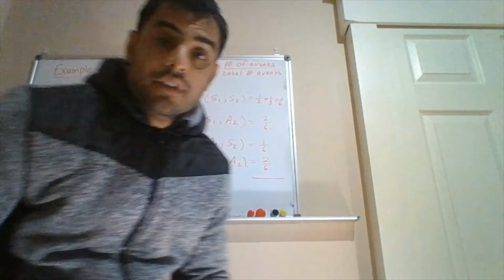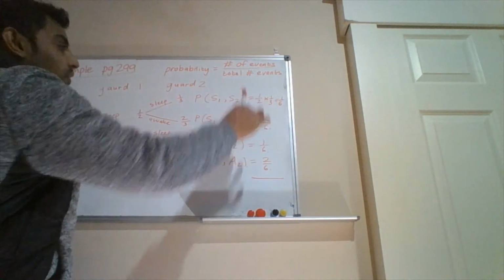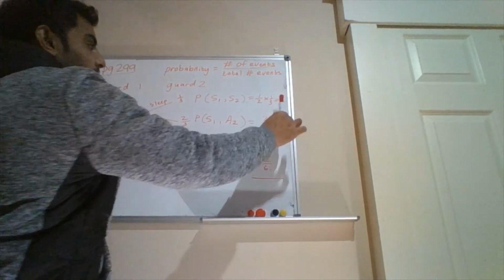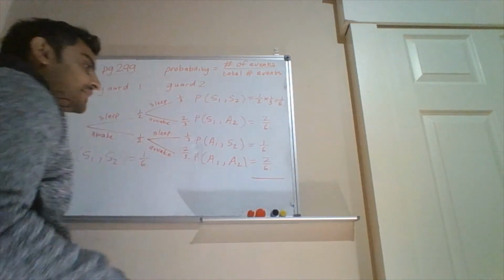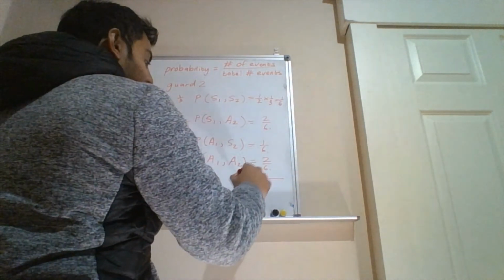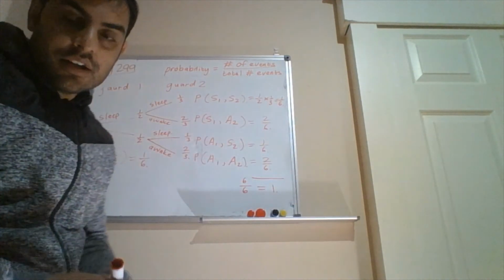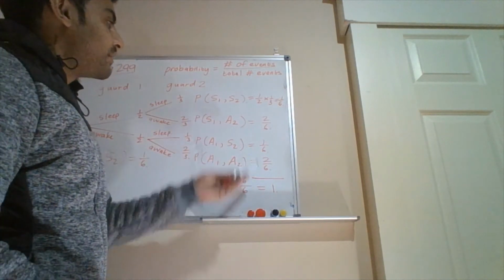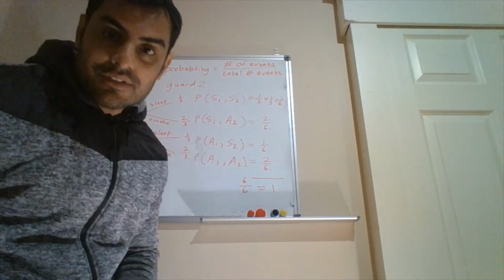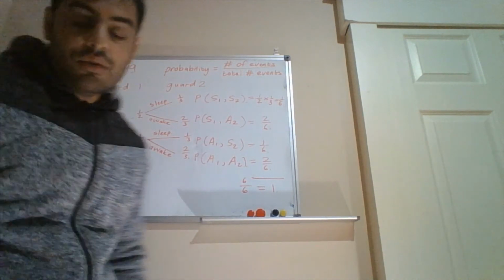Notice that if we add together the probabilities of all possible outcomes, we will be adding 1 out of 6 plus 2 out of 6 plus 1 out of 6 plus 2 out of 6, and that will give us 6 out of 6, which equals 1. So there's 100% chance of either of these events occurring, and we say that we've exhausted all possibilities.